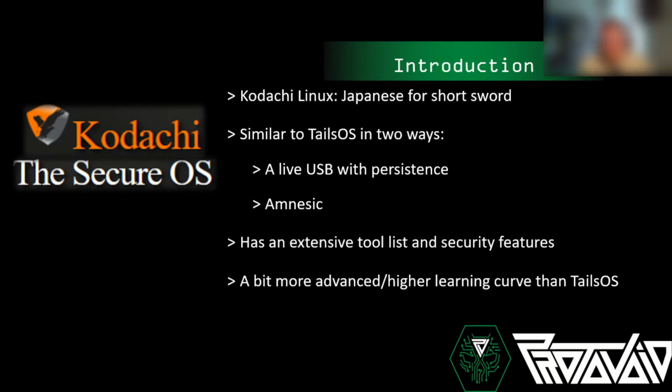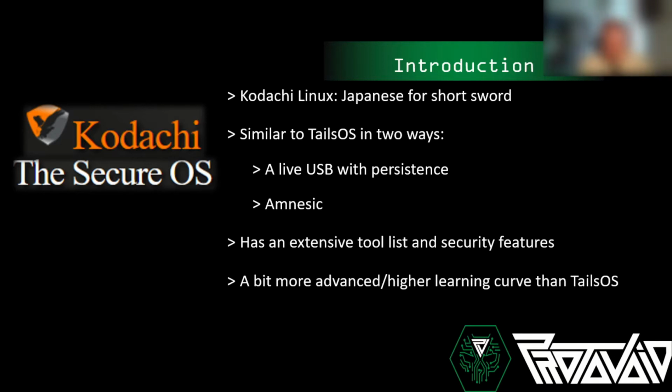So that's where really it ends, in terms of the similarities. Kodachi is more of an all-around usable platform. I wouldn't say day-to-day use. It even says not to install it on a main machine as a primary driver, or primary workspace is probably a better example.